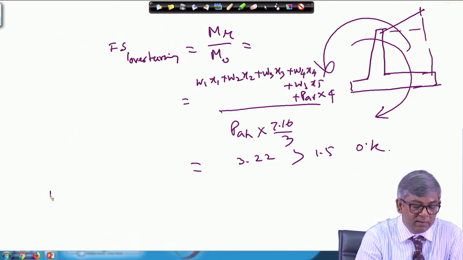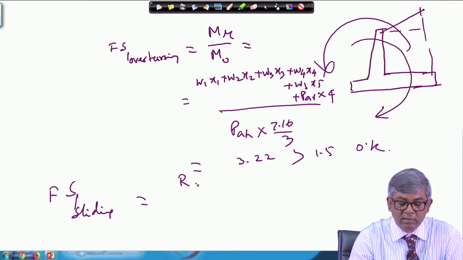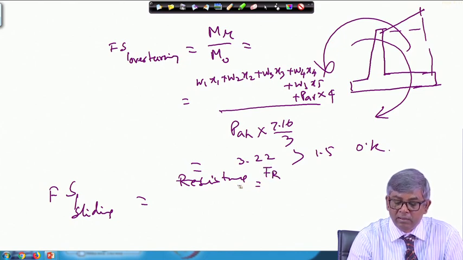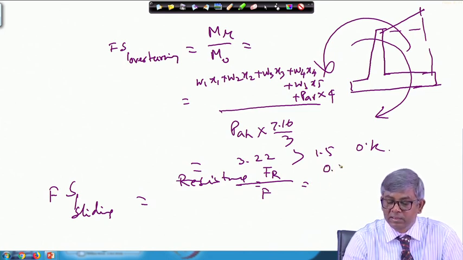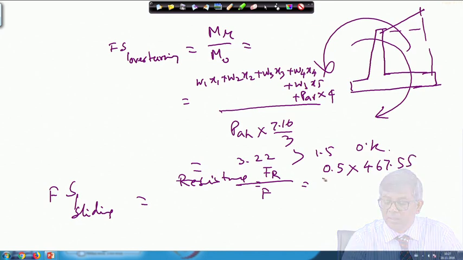Similarly, factor of safety against sliding will be equal to resistance divided by disturbing horizontal force, or I can say F r divided by F. So, F r will be equal to friction, given 0.5, multiplied by vertical force, that is actually 467.55, which is the total vertical load below the wall, multiplied by the frictional coefficient, that is actually resistance, whereas your horizontal force is P A H, which we have already calculated, that was 145.4.